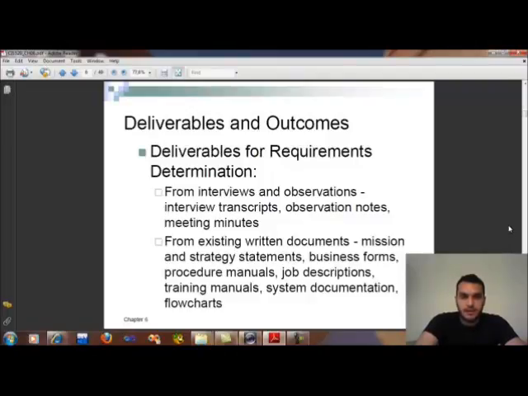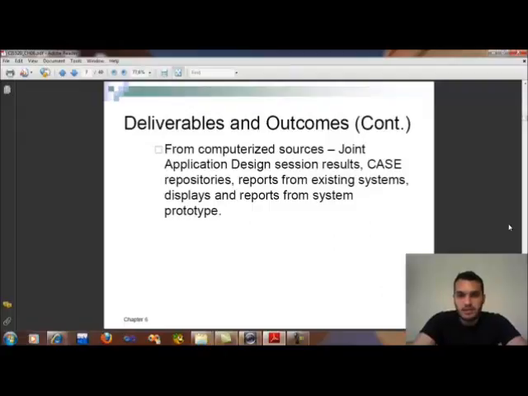It's from interviews and observations: interview transcripts, observation notes, and meeting minutes; and from existing written documents: mission and strategy statements, business forms, procedure manuals, job descriptions, training manuals, system documentation, and flowcharts.